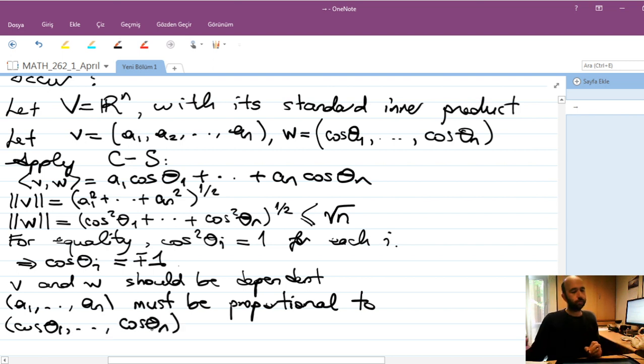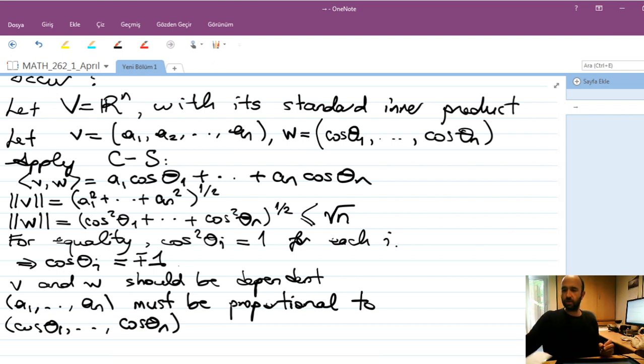And depending on the signs of each component, plus or minus, you have the same structure in the ai's. First of all, the absolute values of all ai's must be equal because these are all plus or minus 1. Furthermore, their signs should also be compatible. I mean, let me not write that down, but it's kind of clear how to finish it.